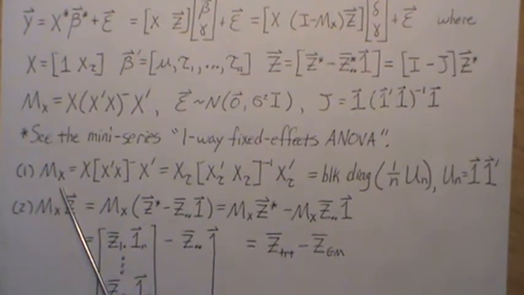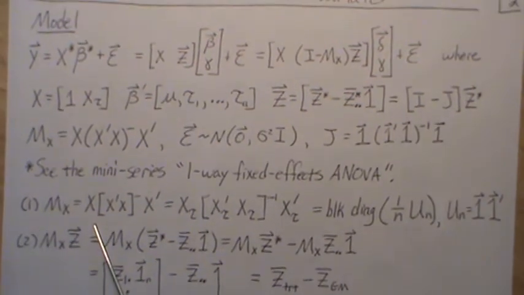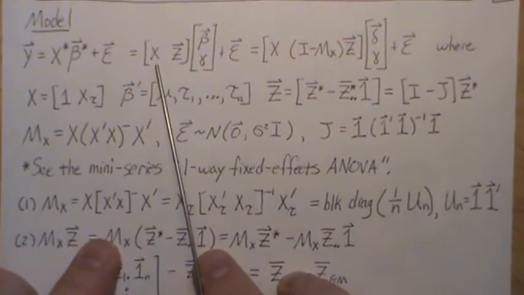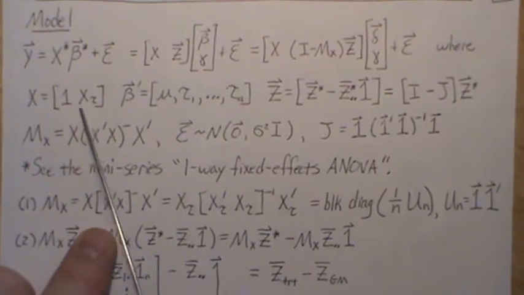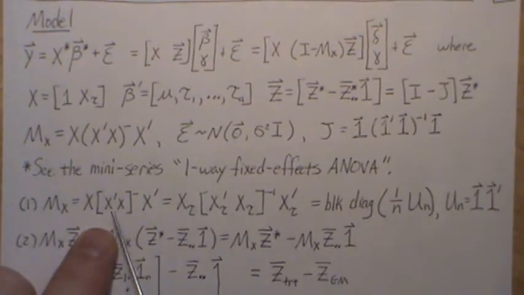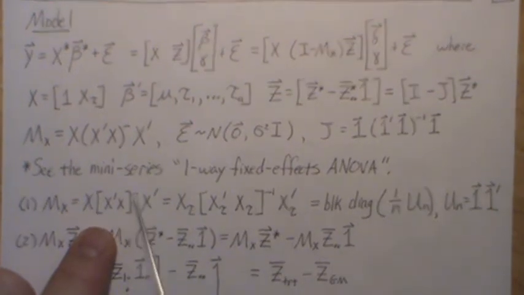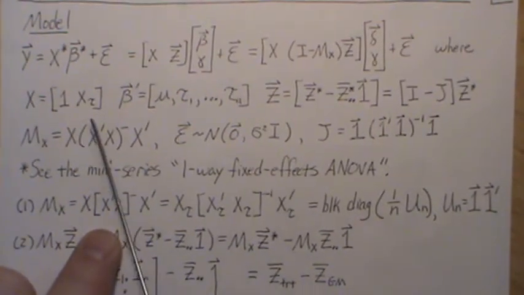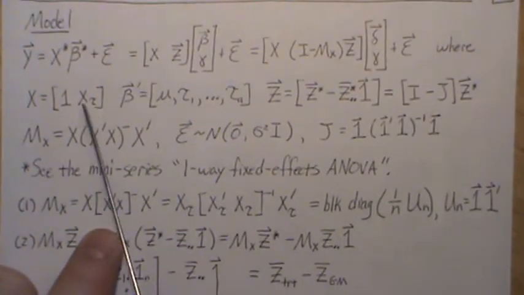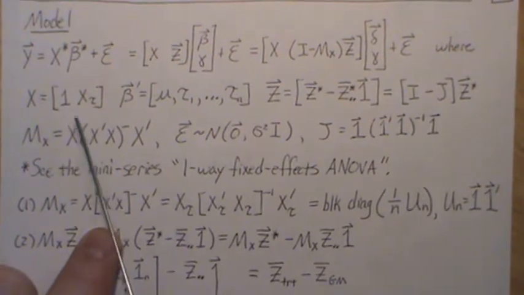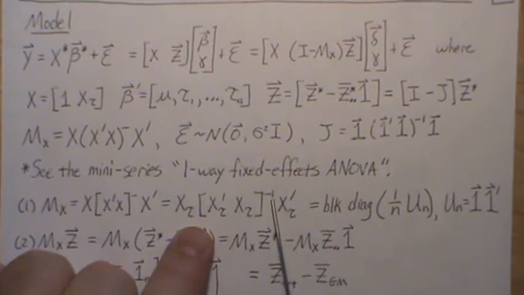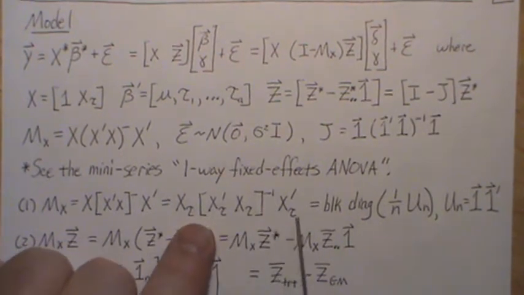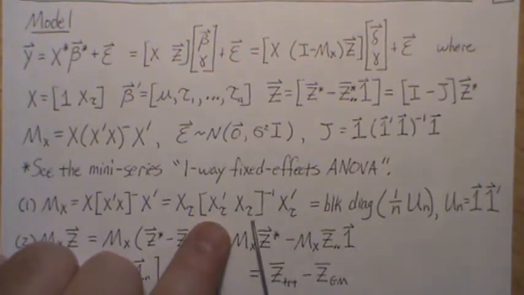So first, MX, which is the perpendicular projection matrix on the column space of X, which is this, but this matrix is not full column rank, and so we have to use a generalized inverse. But if we get rid of this 1, because it's actually part of the column space of X tau, then we can use the inverse, and then it becomes a non-singular matrix.